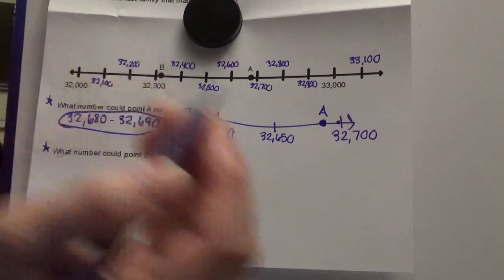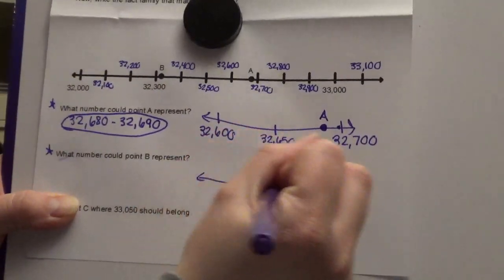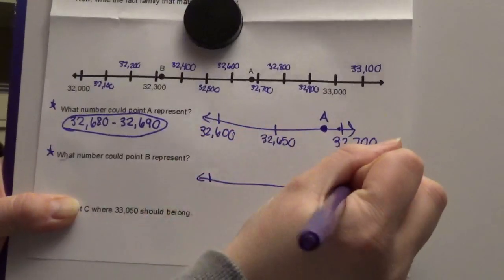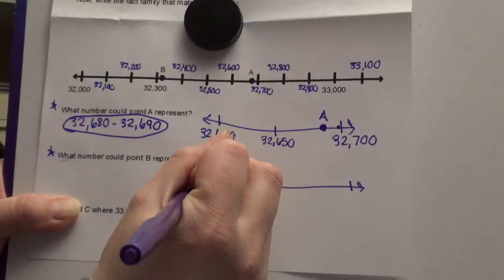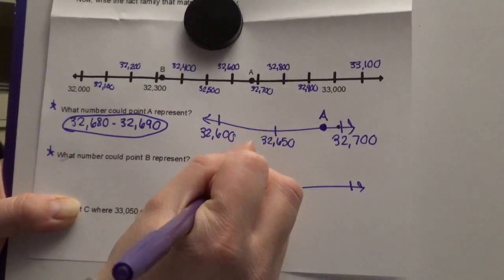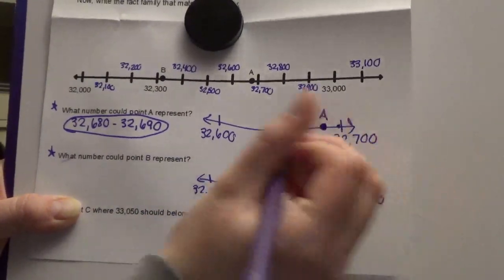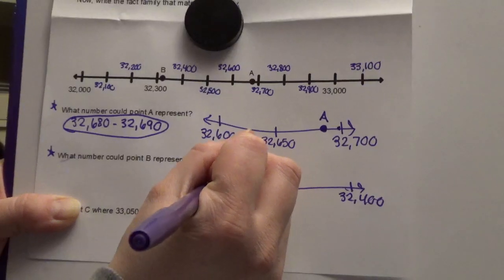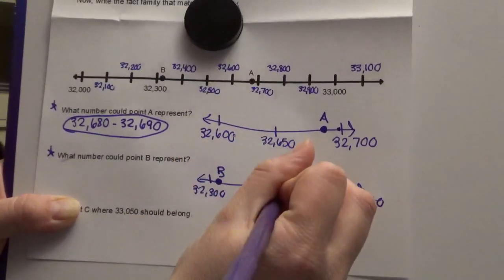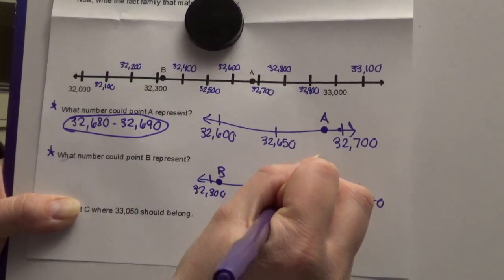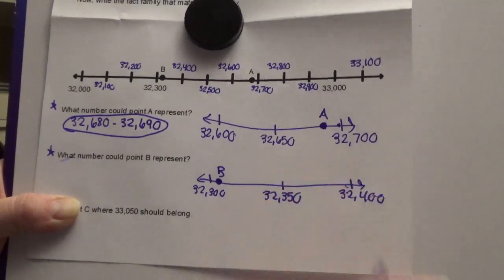Doing something similar for point B, I'm going to draw another number line out here. Now point B is between 32,300 and 32,400. So point B is right about here. So my midpoint would be 32,350.